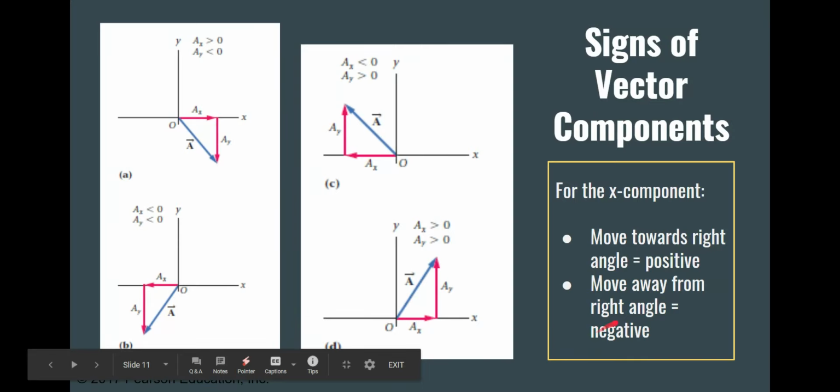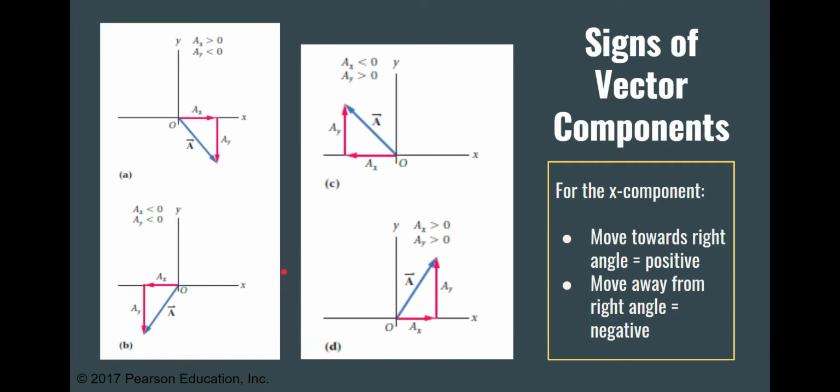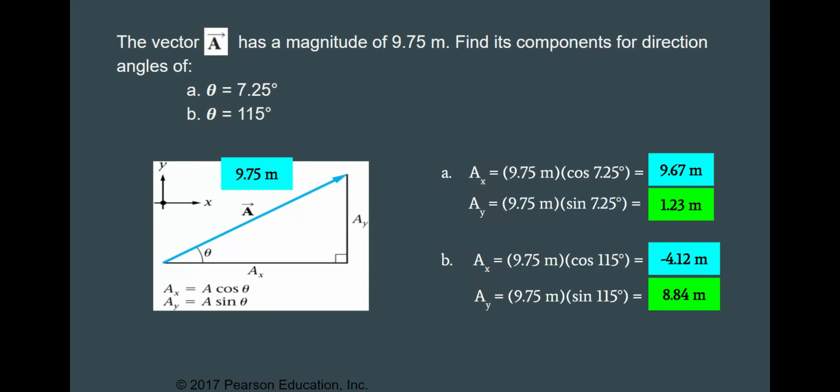If we are moving towards the left, then we are in the negative direction on the x-axis and our value will be negative. Okay, so in this case over here, this negative 4.12 tells us that this x component is going to lie in the negative x direction. So if we have our system, it's going to lie over here. I hope that made sense.